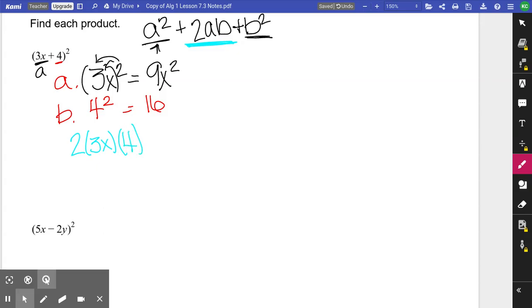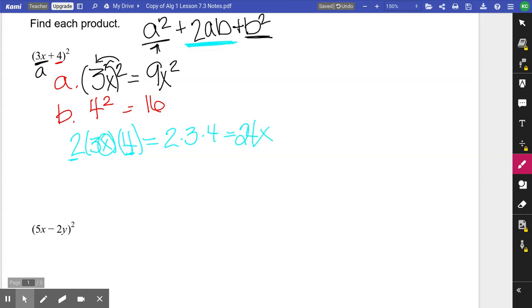So I'm going to go ahead and multiply all my numbers together. So I'm going to get 2 times 3 times 4. 2 times 3 is 6. 6 times 4 is 24. Can't forget my x.